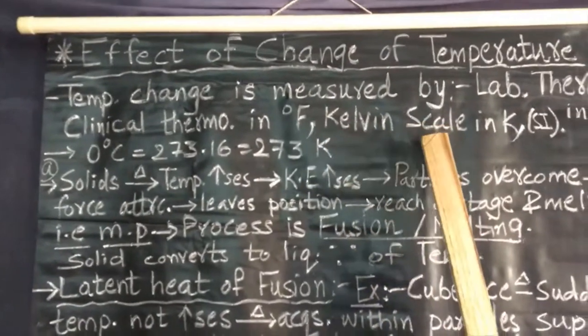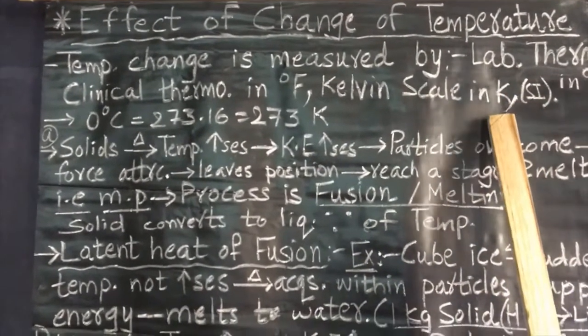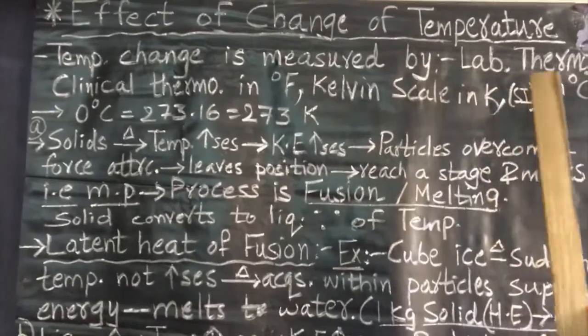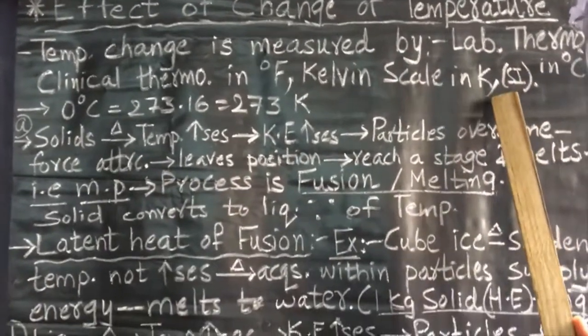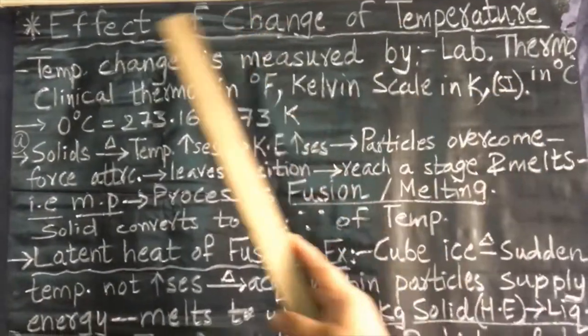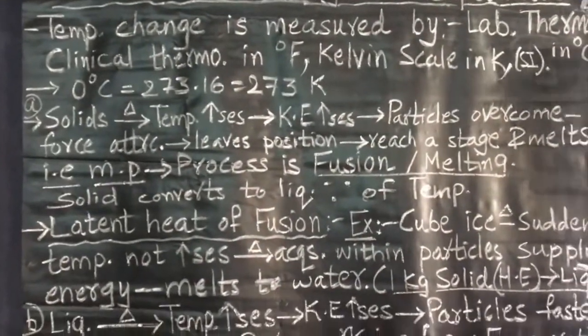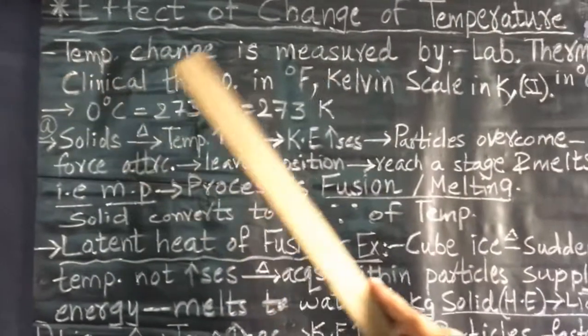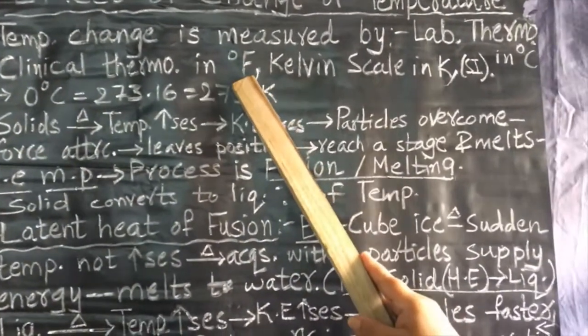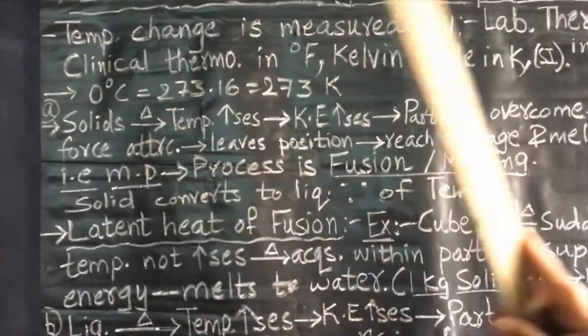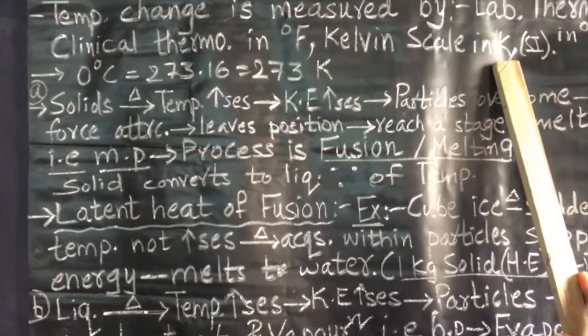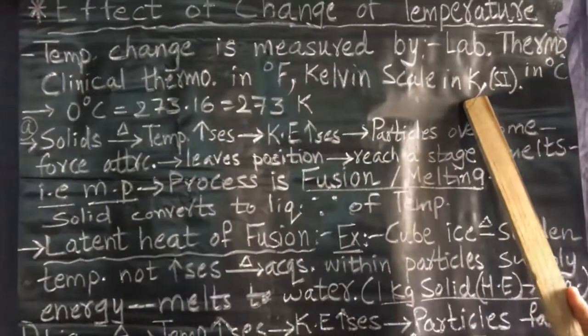It is written as capital K, not as degree K. You must remember, whenever we write temperature in Celsius, the unit is degrees Celsius. Temperature in Fahrenheit is degrees Fahrenheit, but temperature in the Kelvin scale is always written as only capital K and not degree K.